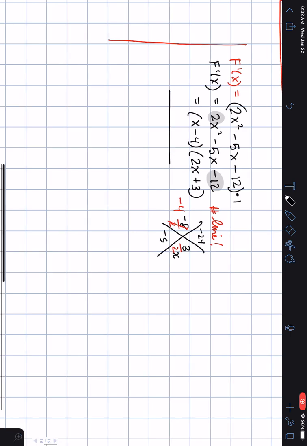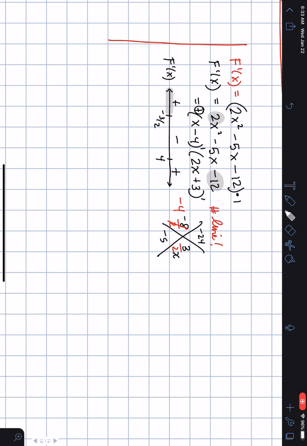From here, we get our zeros. So let's label this number line, always important to label. We have a 0 at 4 and a 0 at negative 3/2. We're starting at the right side positive, and then we're going to flip and flip all the way across. And the question said, where is big F increasing? So that means big F prime should be greater than 0.